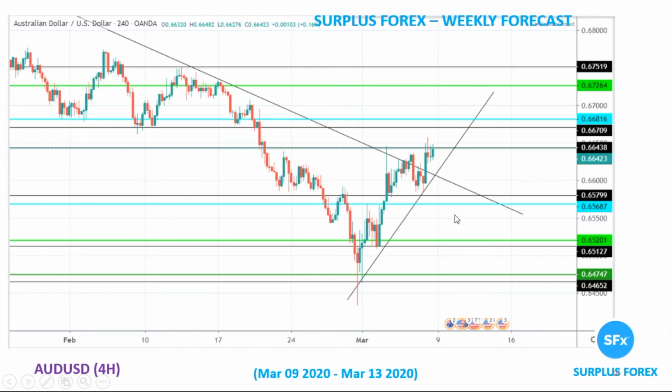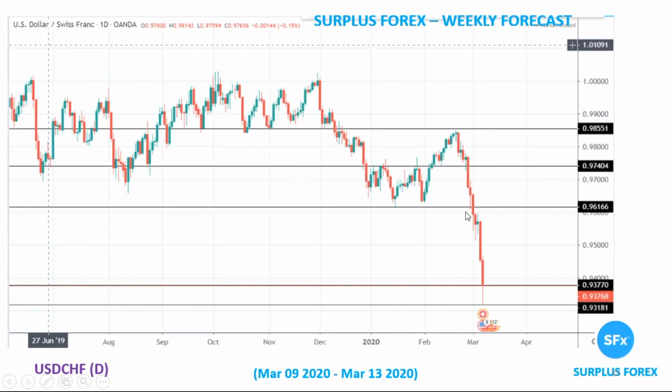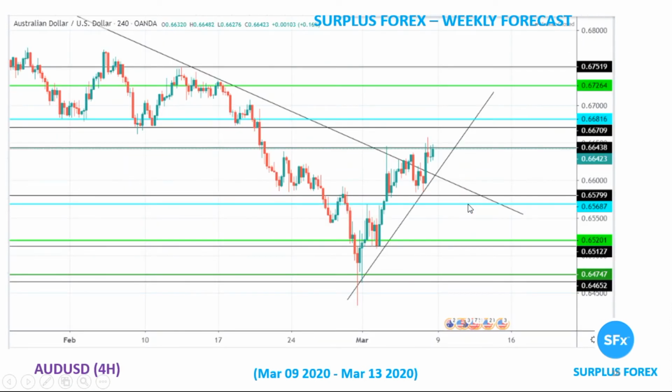But I expect it to drop, which is very likely, to 65.79, 65.80. If it drops below this, gives the confirmation and stays below this, then I'll take my entry at 65.68, keeping my first target at 65.20 and my next target at 64.74.